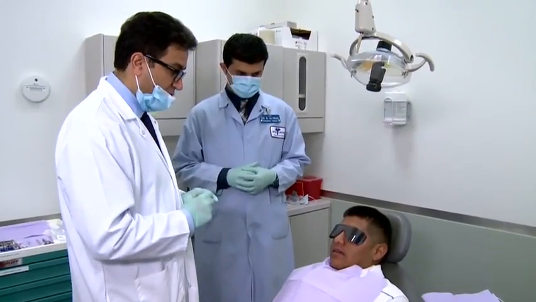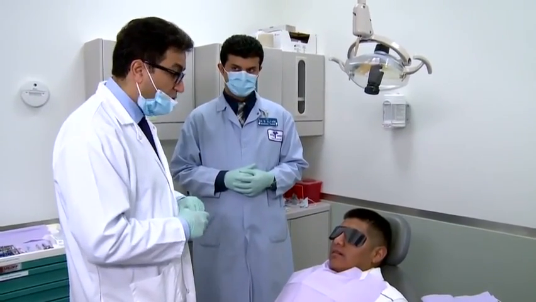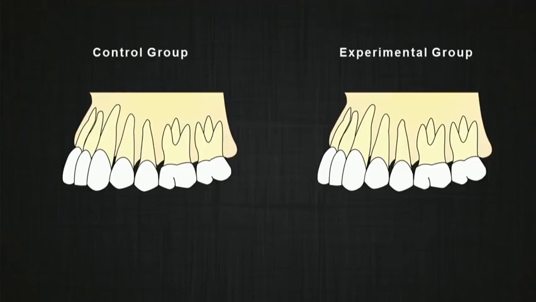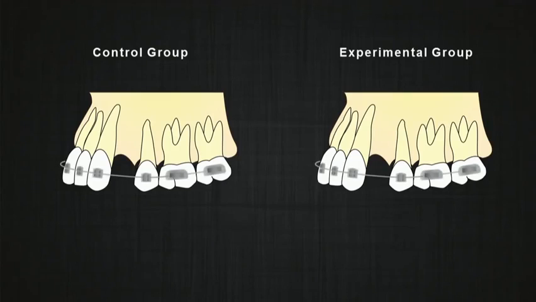So we decided to have a clinical trial to demonstrate that application of the same micro-osteoperforations in humans can accelerate the rate of tooth movement significantly. Patients were randomly assigned to one of two study groups, experimental and control. In both groups, patients were referred for extraction of upper first premolars, and the upper arch was bonded with fixed appliance. In both groups, a temporary anchorage device, a TAD, was placed between the second premolar and the first molar.